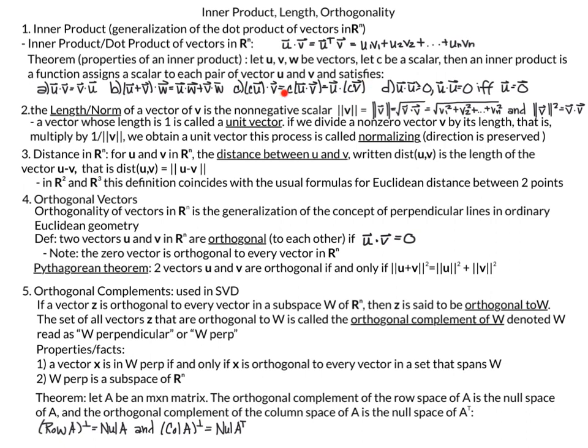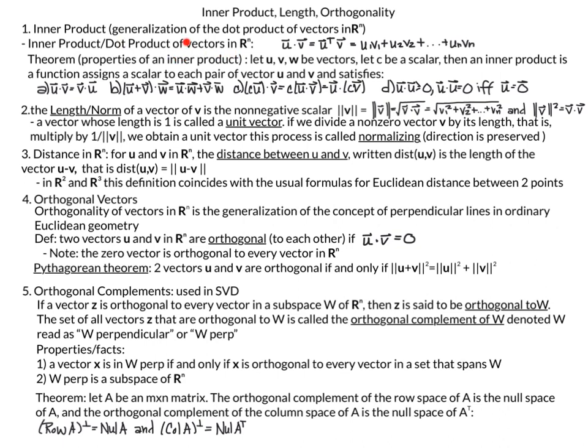There's this thing with the scalars, you can factor it out: a scalar c times u dot v is equal to c times u dot v is equal to u dot cv. And then last, a vector dotted with itself is always greater than or equal to 0 and only equal to 0 if u is equal to 0.